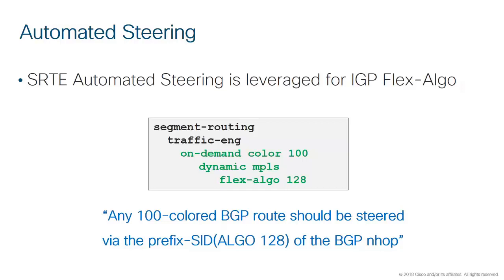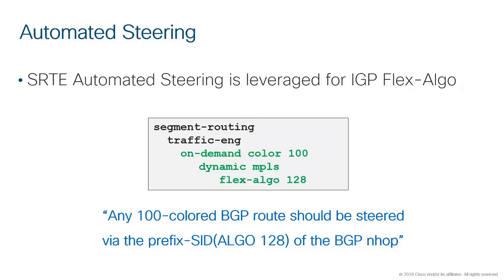And all I need is a template at me that tells me which BGP color means what type of TE treatment. So for example, in this template, we're going to have that the on-demand color 100, so it's a classic BGP color, 100 means the Flex Algo 128.